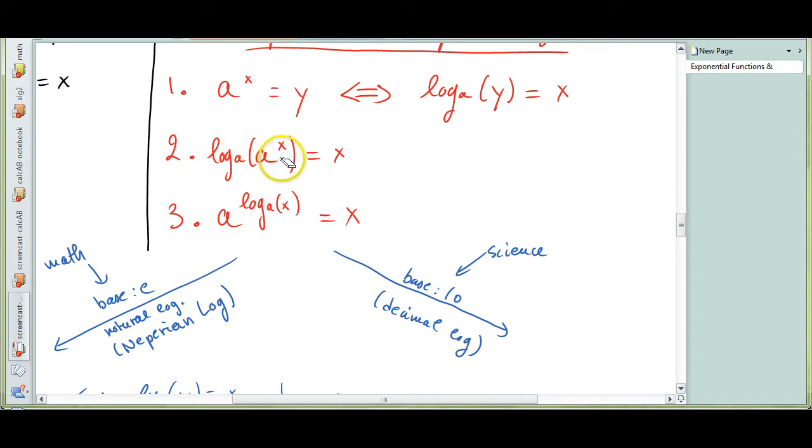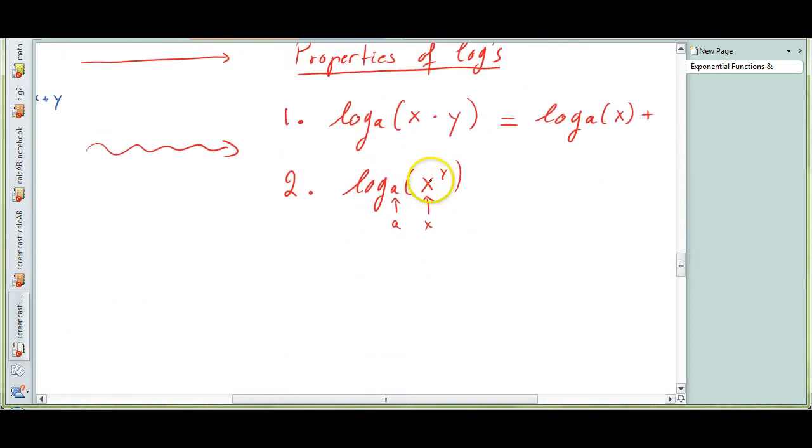But this is not the case. I'm taking the log base a of an exponential base x, so here it is not going to cancel. But what you can do is bring the exponent outside and it's simply going to multiply the log. It's kind of interesting because it transforms an exponential into something that is linear. It's y times something. This y right here is an exponent, and right here y just multiplies something. It's a linear expression in y.